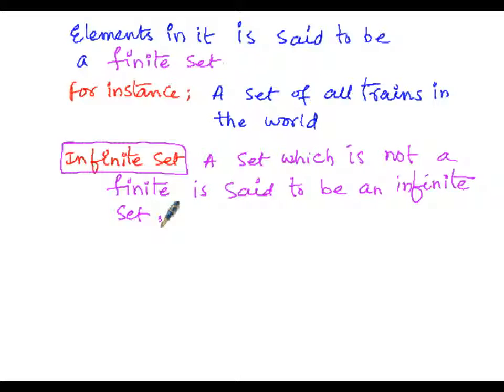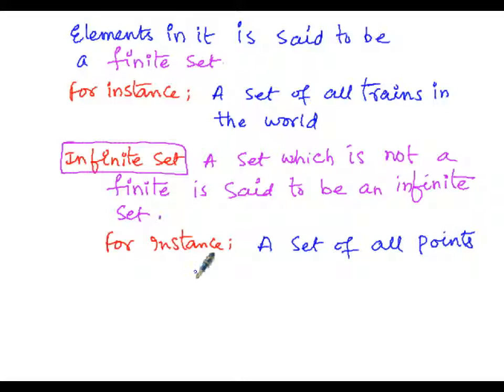So let us perform one example. For instance, a set of all points on a straight line will come under the infinite set. Since this is a line, there are no endpoints on both sides of this line, so it can be extended on both sides indefinitely.